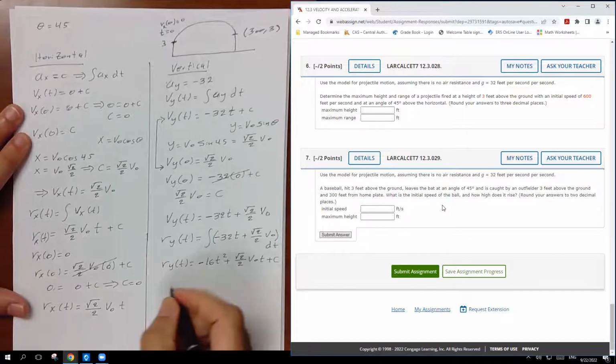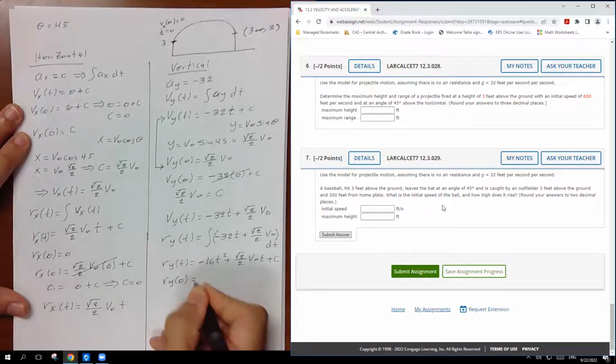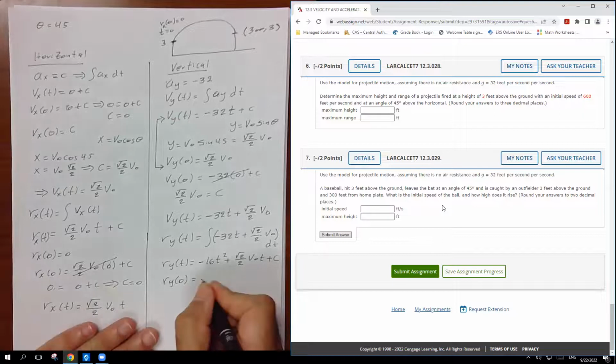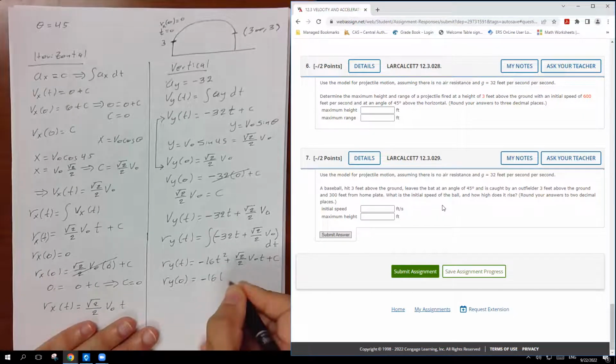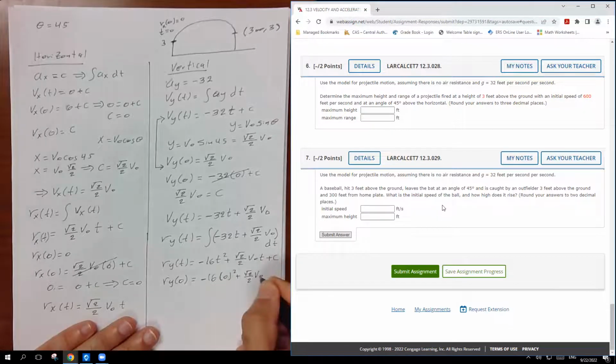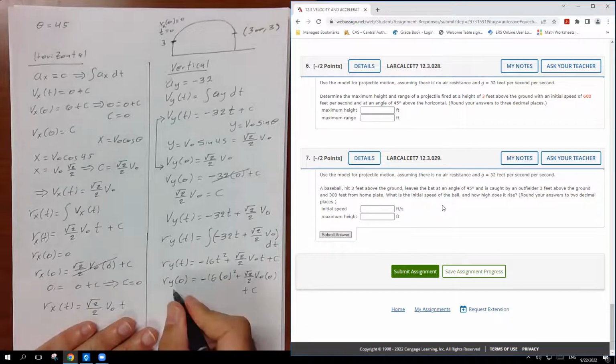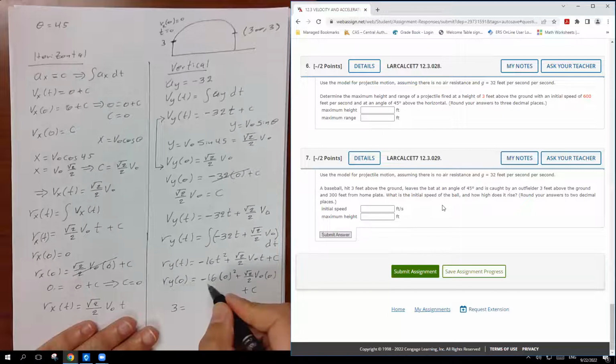So r sub y of 0 is going to be equal to negative 16 times 0 squared plus square root of 2 divided by 2 v naught times 0 plus c. This is equal to 3. This is 0, this is 0. So here is the c.